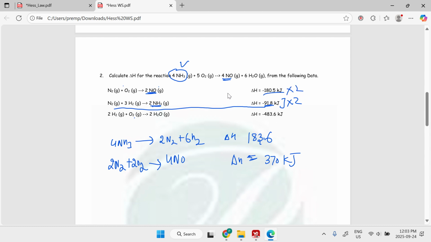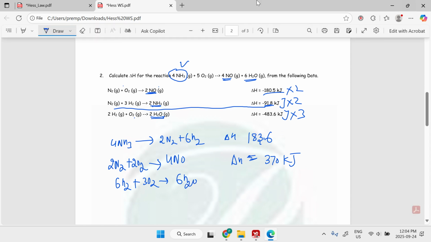And next one is here we have 6 water molecule this side. I have to see where we have water molecule here, and there are 6. That means I'm timing it by 3. So time it by 3, and now this will become 6H2 plus 3O2 equal to 6H2O, and should I take the calculation help here?